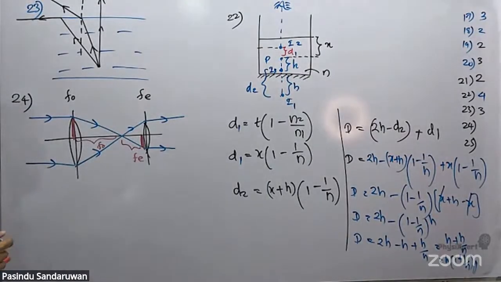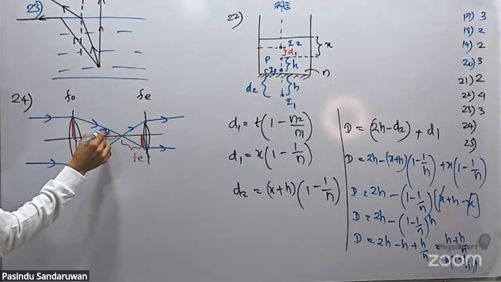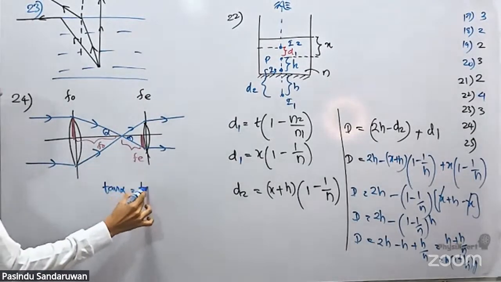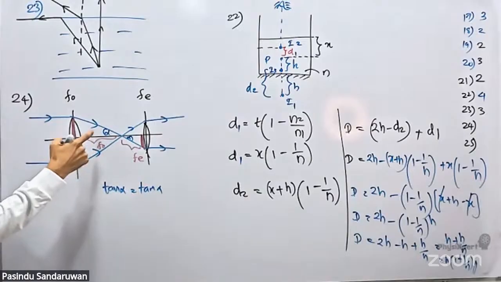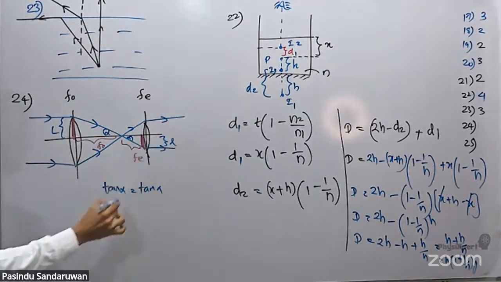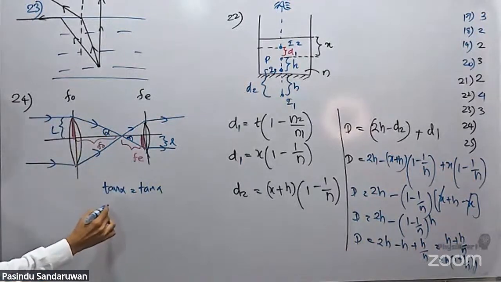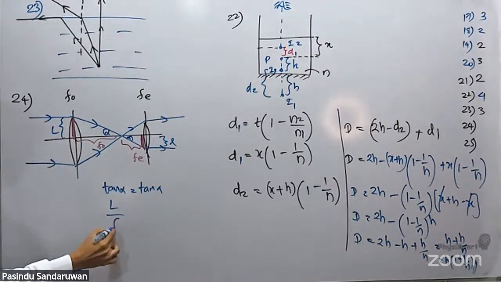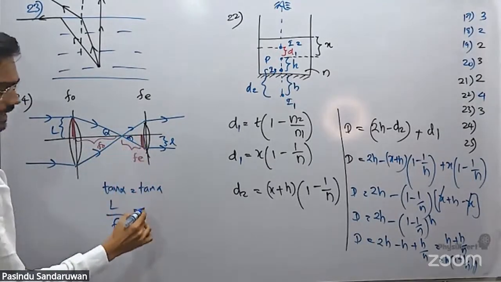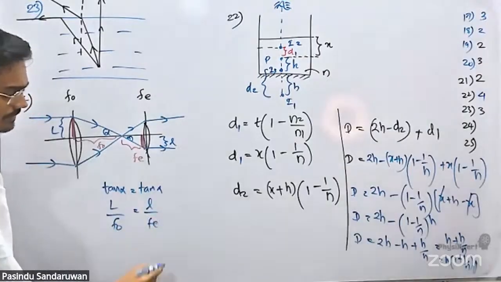Now, we can see these angles are the same, no? So write tan alpha equals tan alpha. Then this is given as capital L, and this length is given as simple l. Tan alpha can be written as capital L over fo. And from this triangle, tan alpha can be written as simple l over fe.